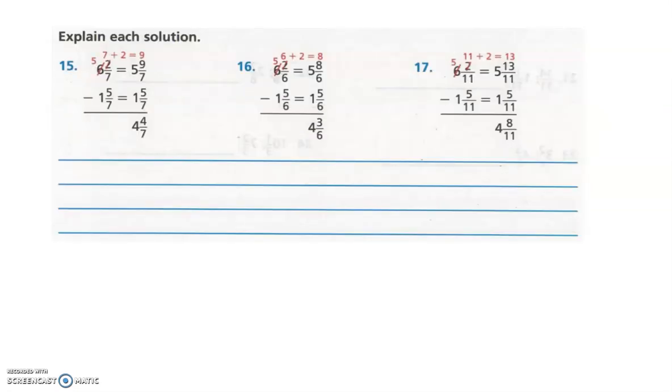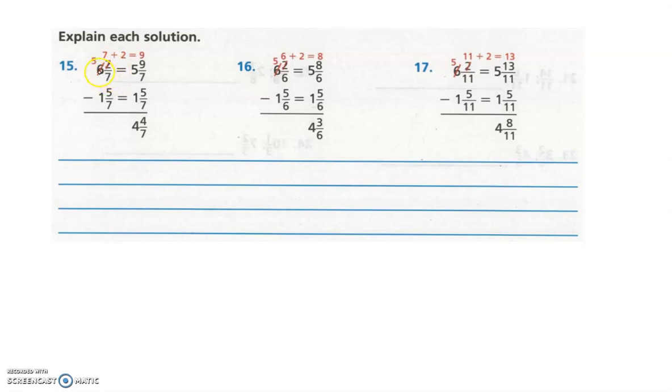I'm running out of a little bit of time, so I'm going to just do one of these problems with you, but I want to explain that this is just showing you the work that we have already done, just going a little bit slower or explaining it with a visual rather than me having to walk through the problem with you. So on this one here, they are showing you simply how they borrowed.